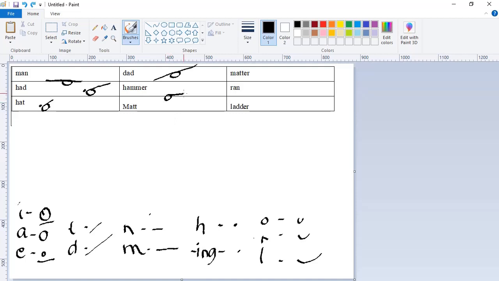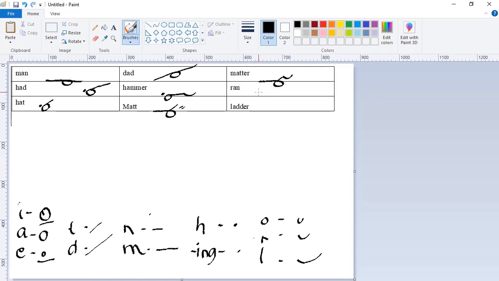H, a, m, r. Hammer. Mat. We have m, a, t. And then your capital symbol. Don't forget your capital symbol. Next, matter. M, a, t, r. Ulitin natin. M, a, t, r.